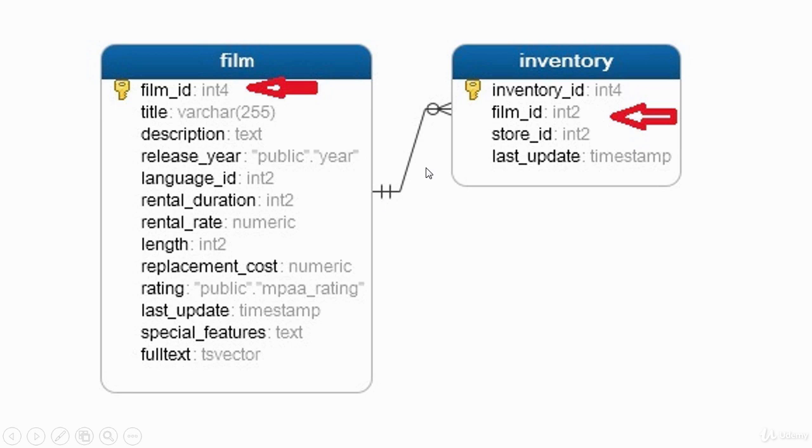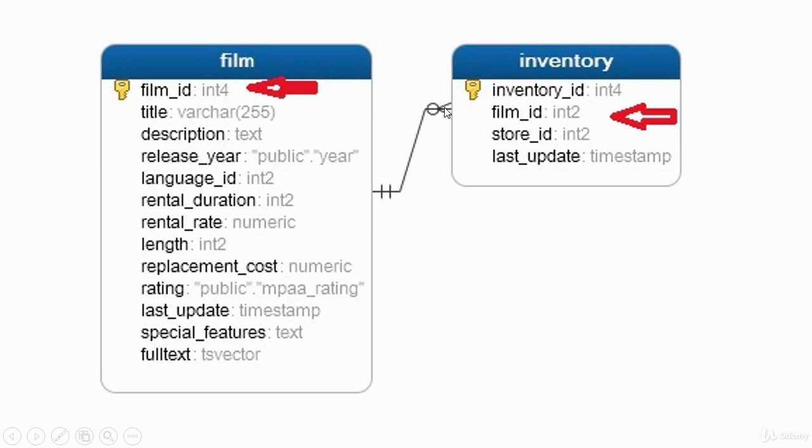What this ER diagram is saying is that each row in the film table may have 0 or many rows in the inventory table. This here indicates many. Also, each row in the inventory table has 1 and only 1 row in the film table.